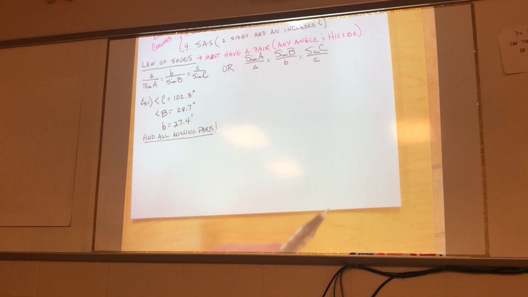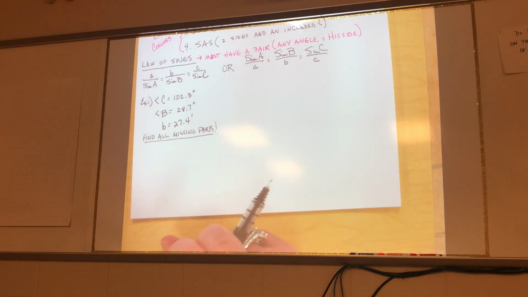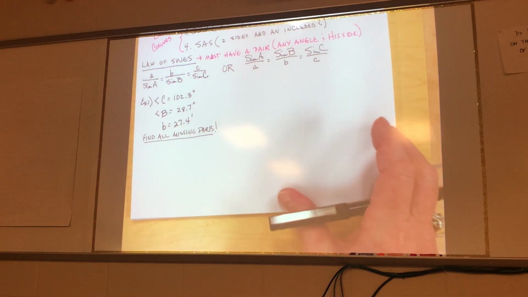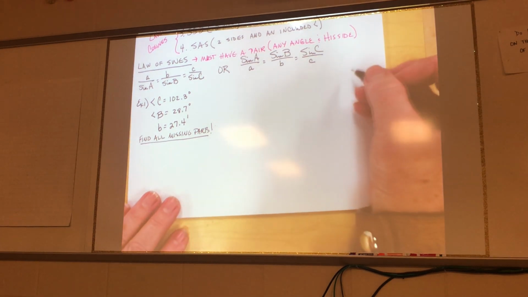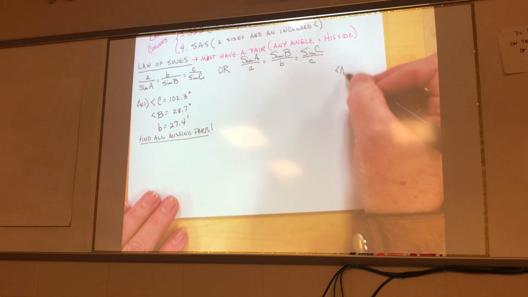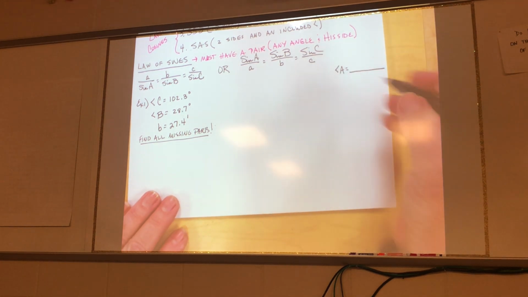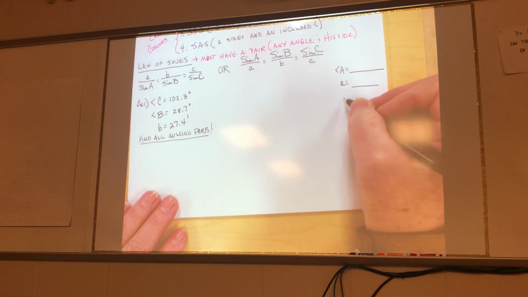We just did it with a right triangle. Obviously, this is not going to be a right triangle, okay? What kind of triangle is it? Oblique, okay? So that's why we're using law of sines and law of cosines. So tell me what the missing parts are. What's the missing angle? Well, we have angle A, so we're gonna find him. What about a missing side? Side A and side C.